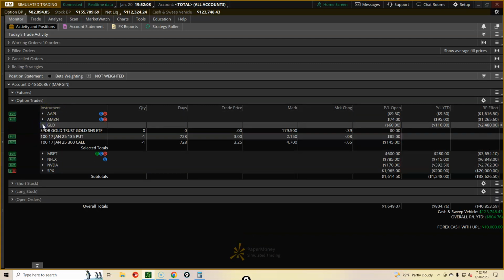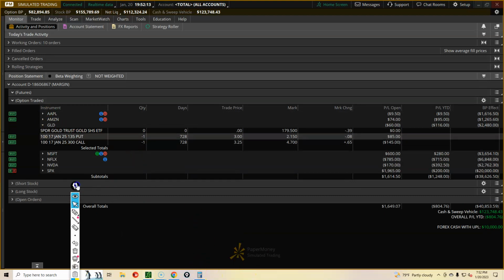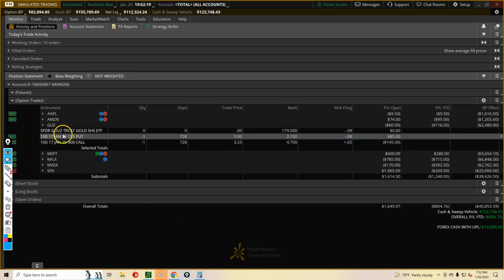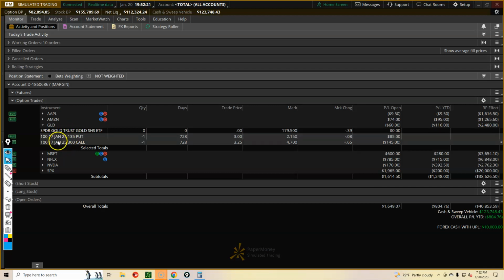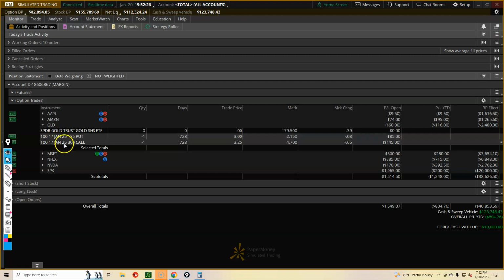Now this one right here is a strangle. Do you know what a strangle is? Let me quickly explain. We have this strangle with long dated options, using LEAPS, expiring January 2025.